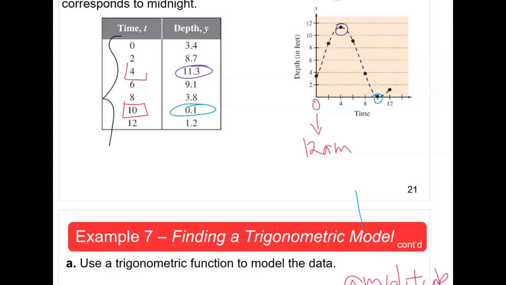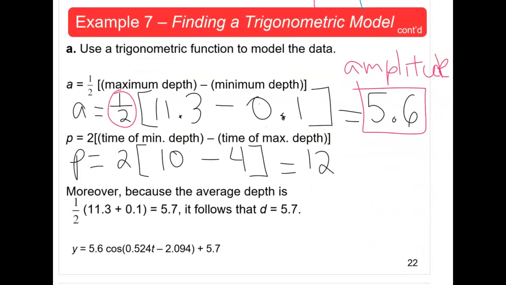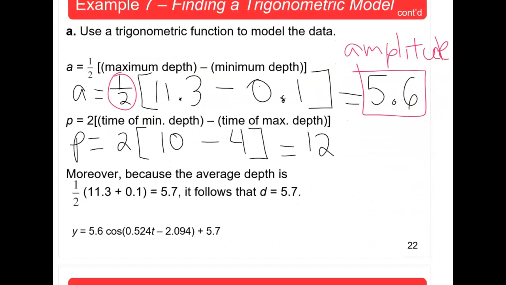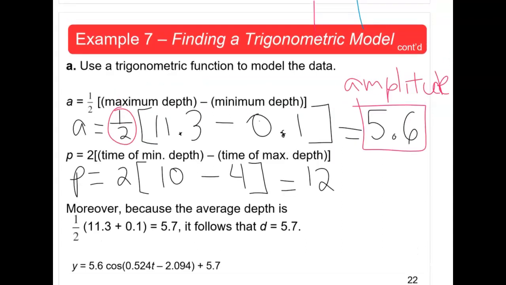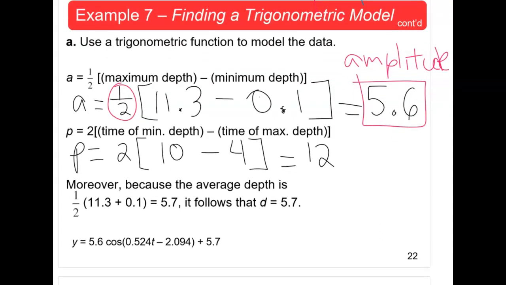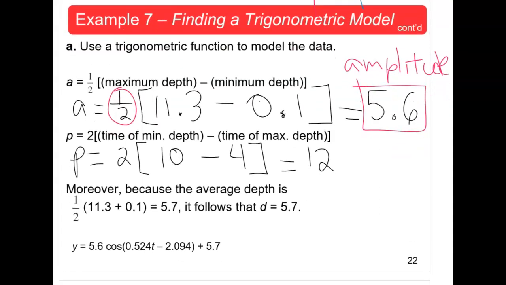So 10 and 4 are the ones that correspond to the maximum and to the minimum, and I'm going to use those. 10 minus 4, and then I'm going to multiply it by 2, and that will give me 12, because 10 minus 4 is 6, times 2 is 12.